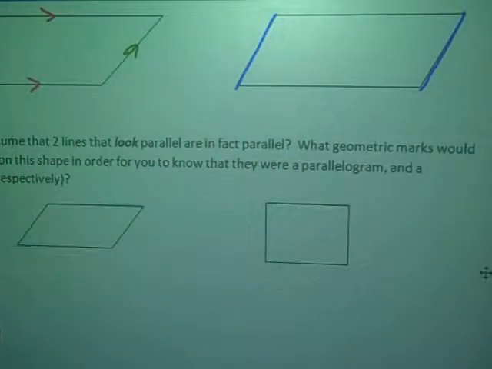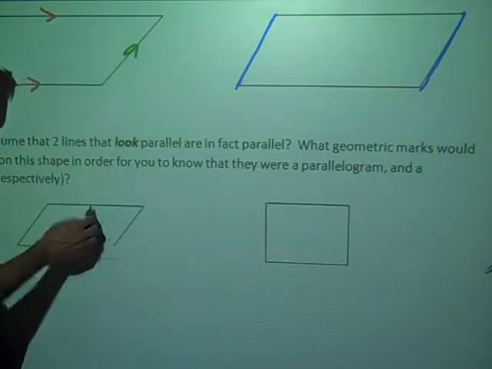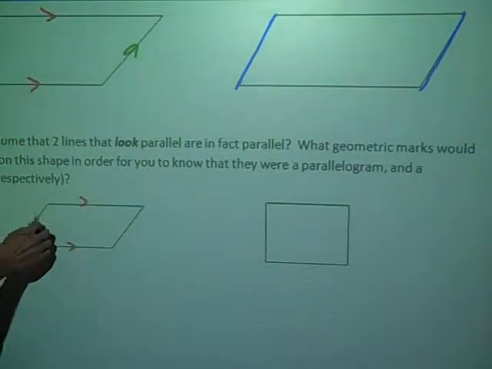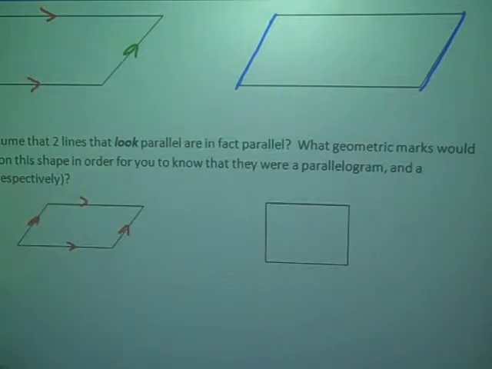Okay, moving down here. Can you assume that two lines that look parallel are in fact parallel? What geometric marks would need to be on this shape in order for you to know that it's a parallelogram? And is this a rectangle? Well, I just answered that question. We would need parallel marks here and parallel marks here, saying that these two lines are parallel and these two lines are parallel.